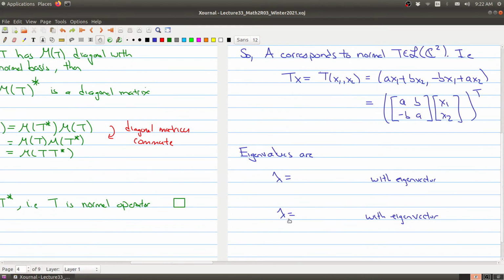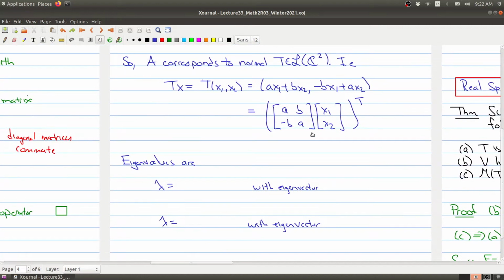You could use Math 1B03 techniques here to find out what the eigenvalues are. The eigenvalues here are A plus Bi and A minus Bi.